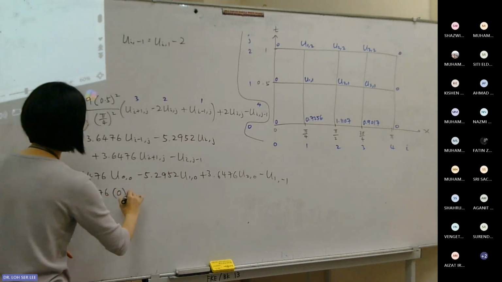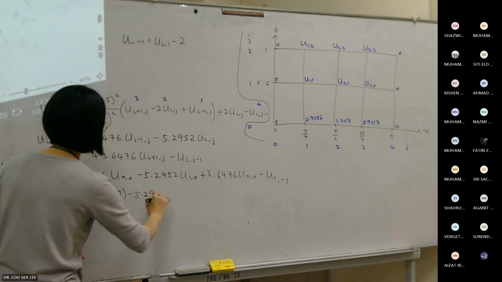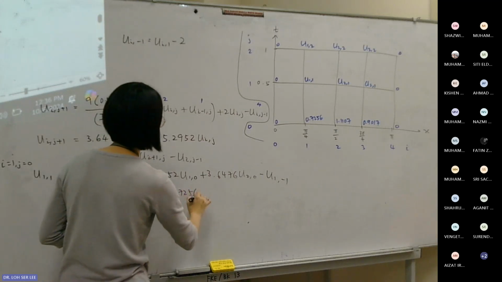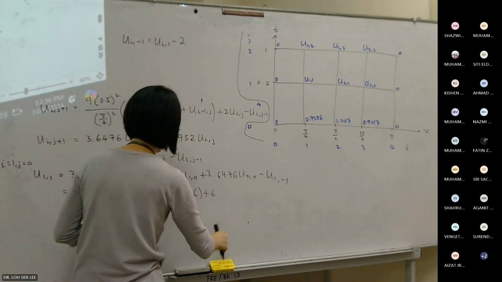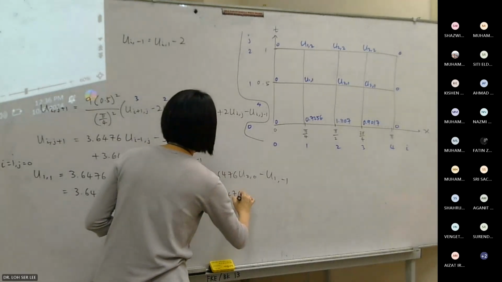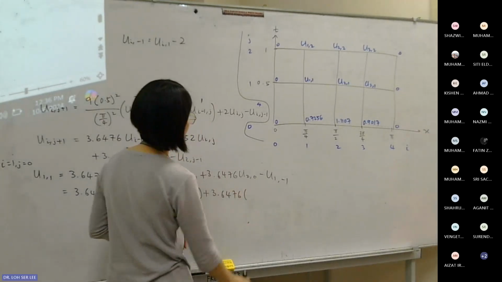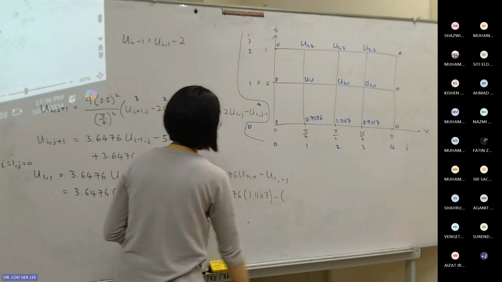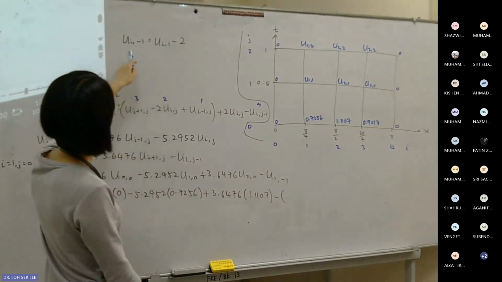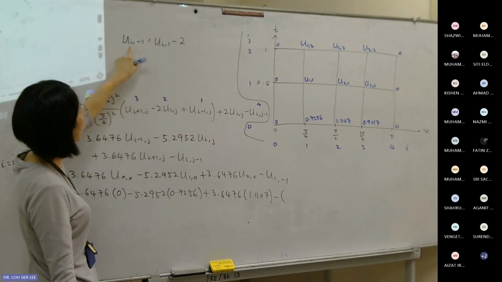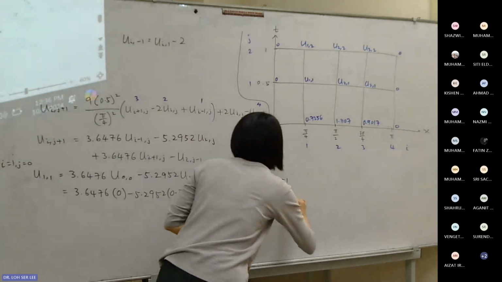U00 is 0. U10, 0.725. U20 is 1.1107 minus U1 -1. U1 -1 means U11 minus 2.